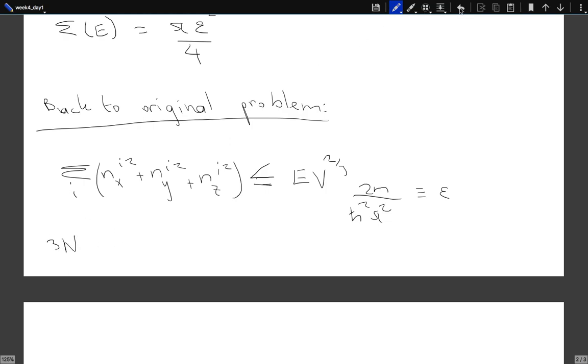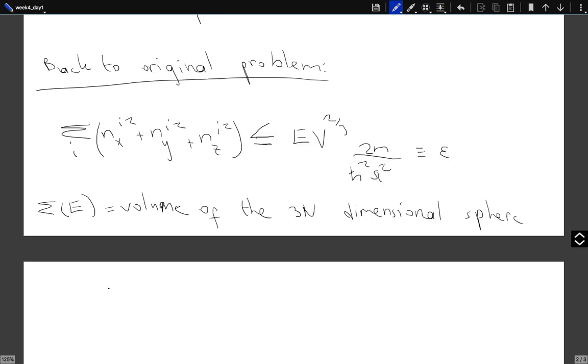Well, sigma E is equal to the volume of the 3n-dimensional sphere of radius square root of epsilon. So this is what we need to calculate.